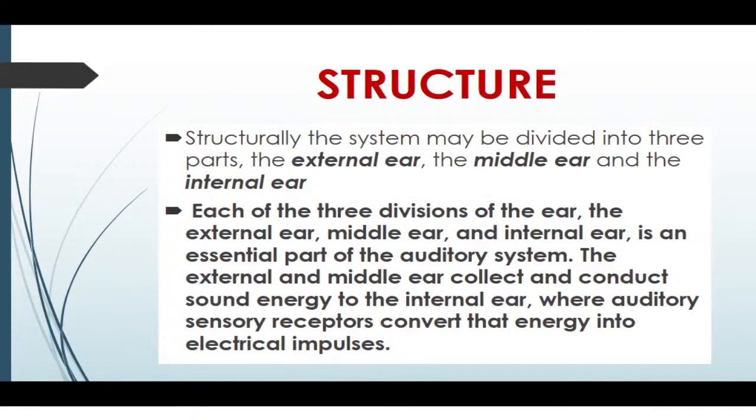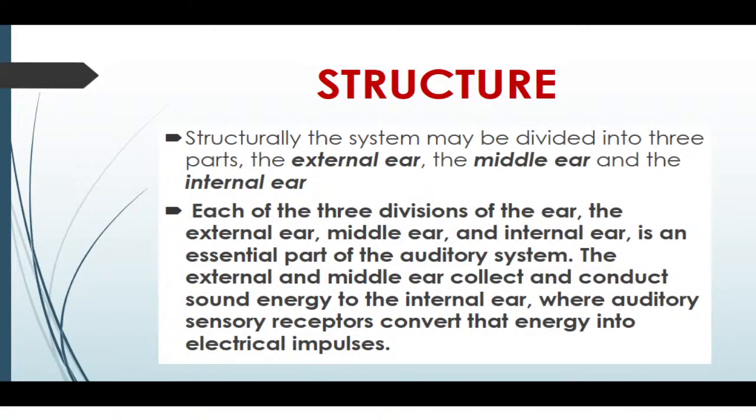Structurally, the system may be divided into three parts: external ear, middle ear, and internal ear. Each is an essential part of the auditory system. The external and middle ear conduct sound energy to the internal ear.